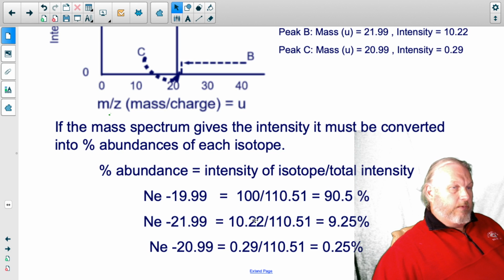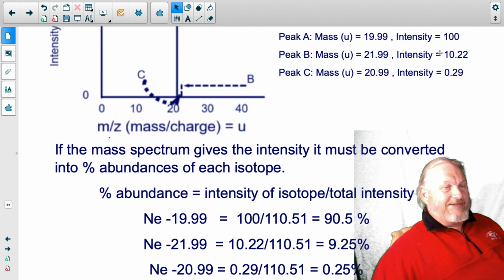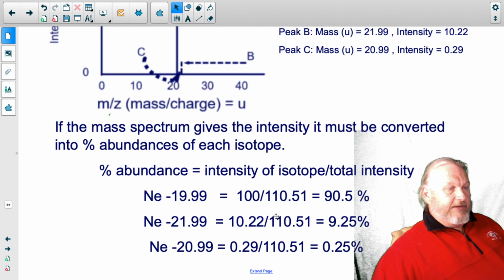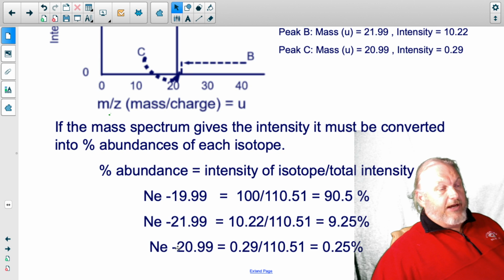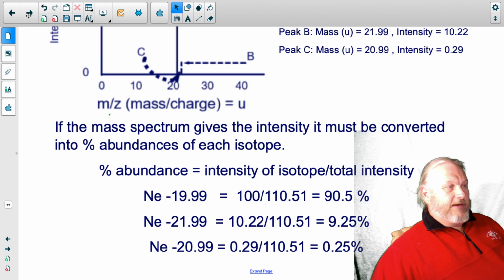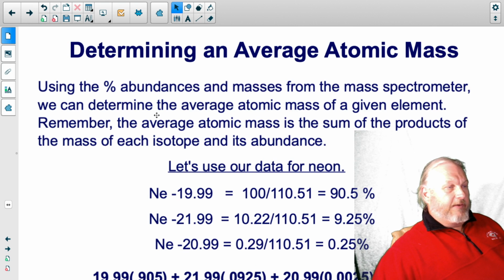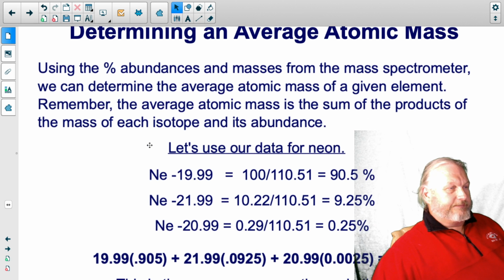If we divide 10.22, the intensity of neon 22, we get around 9.25%. And for neon 21, if we divide 0.29 by 110.51, we get 0.25%. Now, there's software that will actually do that for you.